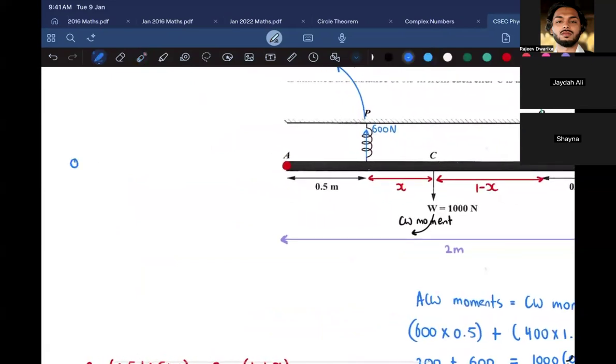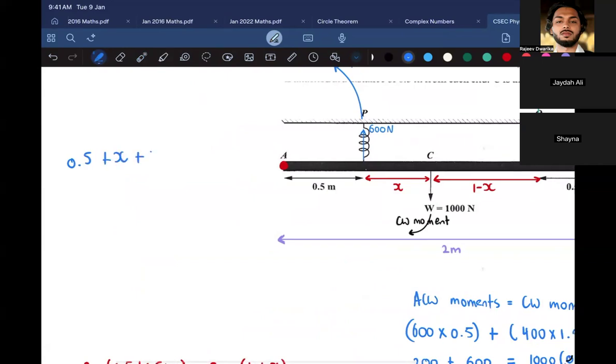I could say 0.5 plus x plus 1 minus x, and that's supposed to be equal to 1.5. Let me group together the like terms here. But wait, something is going to happen. What's gonna happen with the x's?